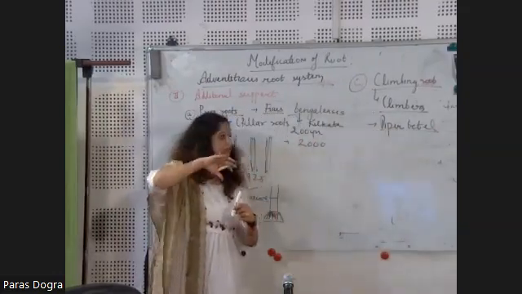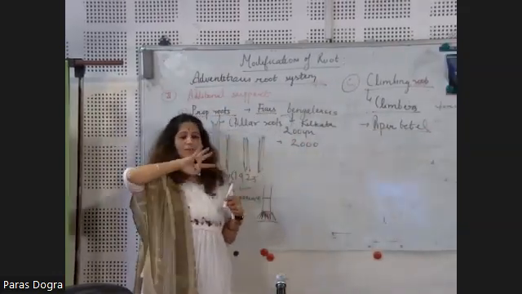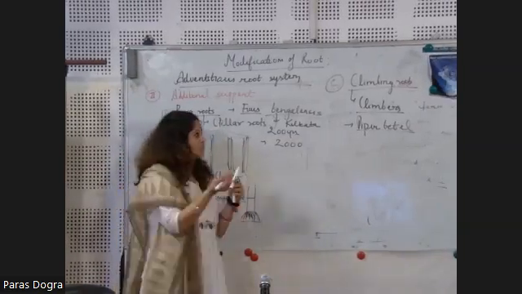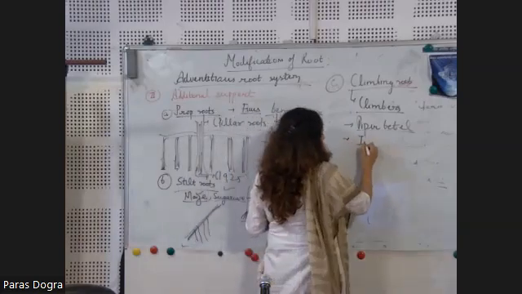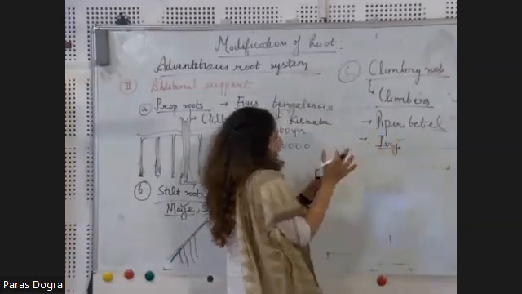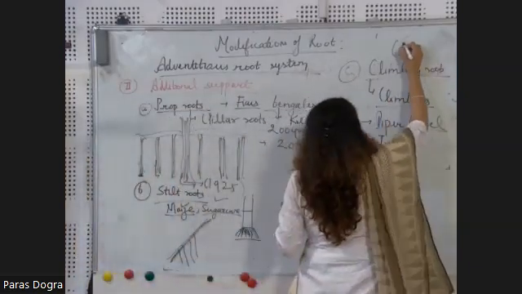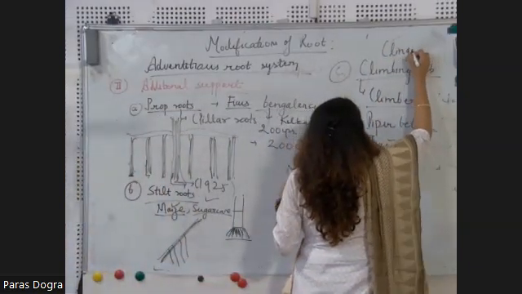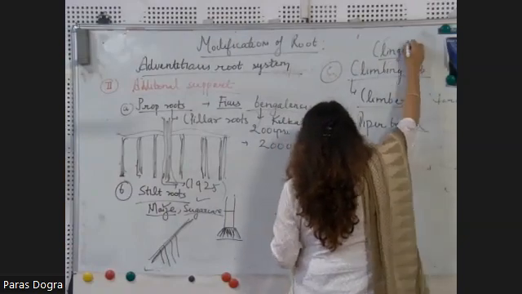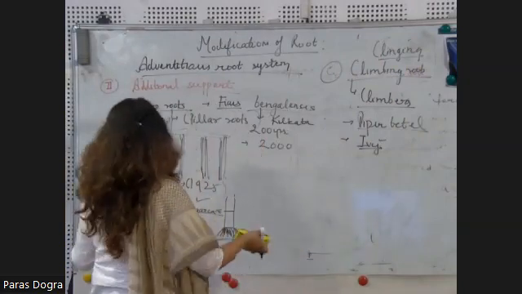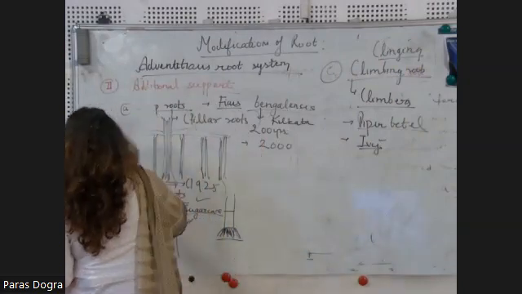At times, such plants form claw-like structures. At times, they secrete some adhesive substance, like in ivy, so that they may cling to the support. So they are also called clinging roots. These are the modifications of adventitious root for additional support.